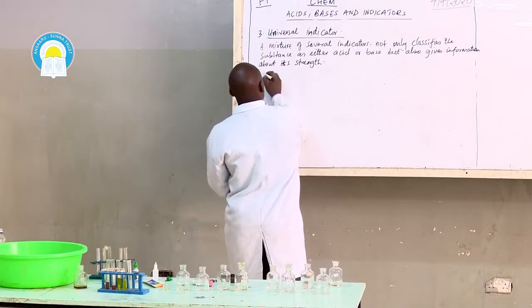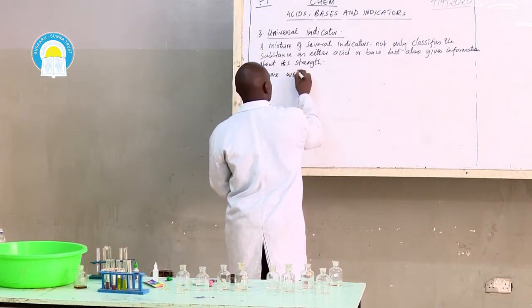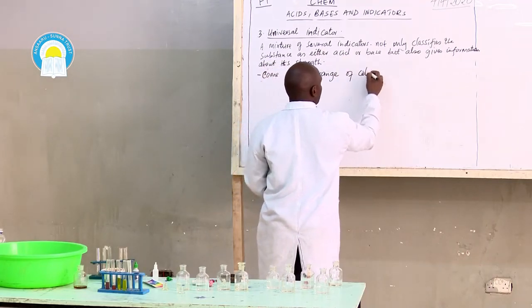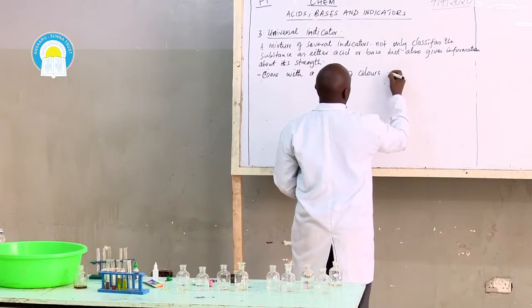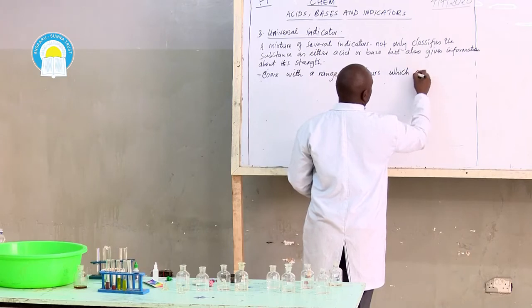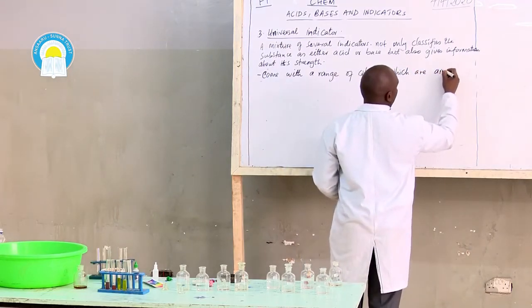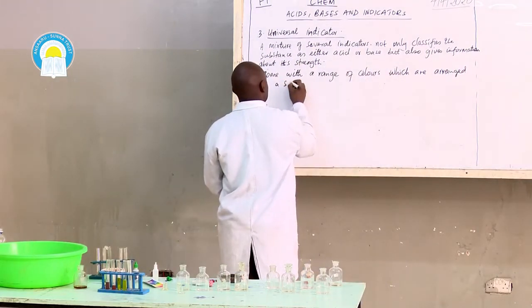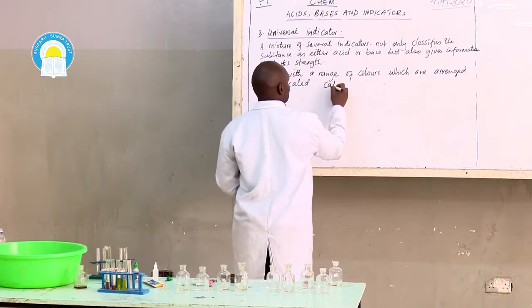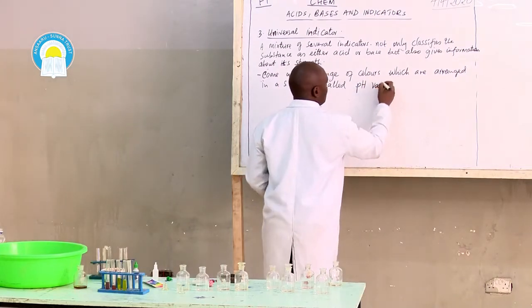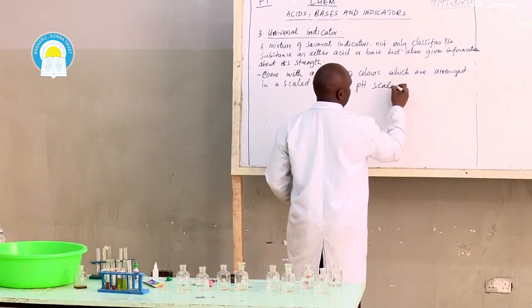It does that because it comes with a range of colors, which are arranged in a scale called the pH scale.